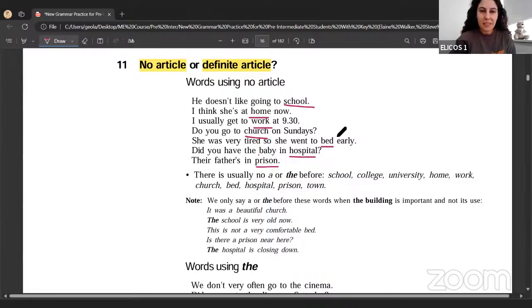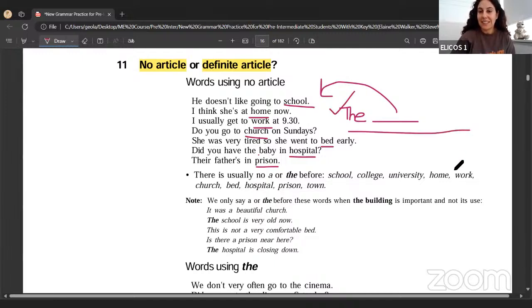I mean, it depends, because he doesn't like going to school, but I could say the school he goes to is very good. So this is kind of yes. The home of my parents is very warm. So yes, the work. Only if I start the sentence with the and then these words, then yes.